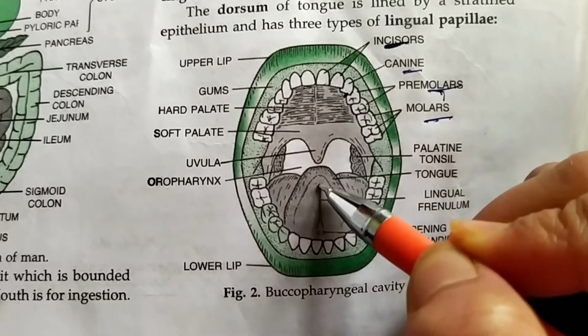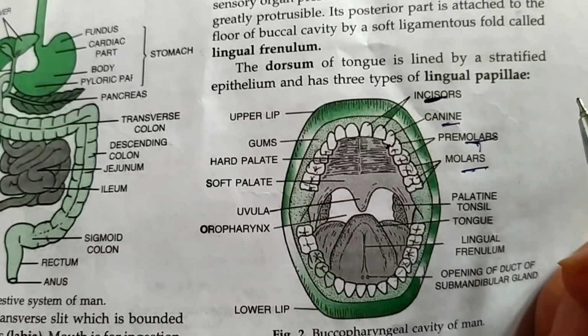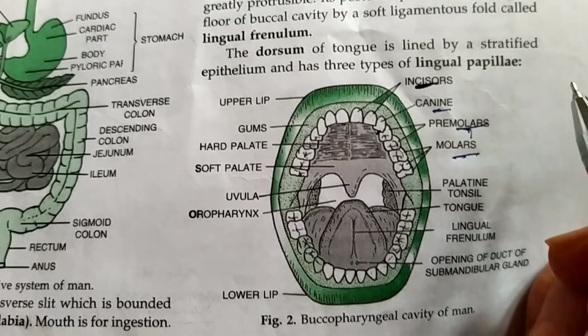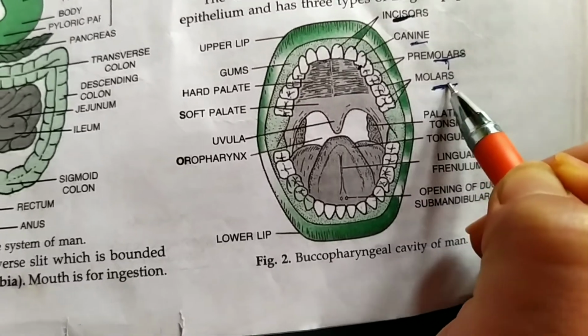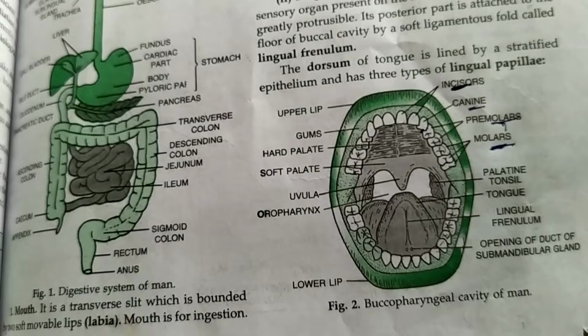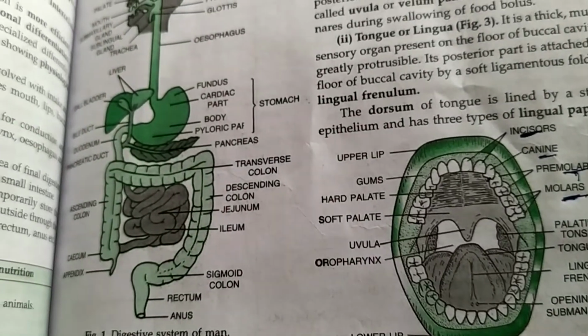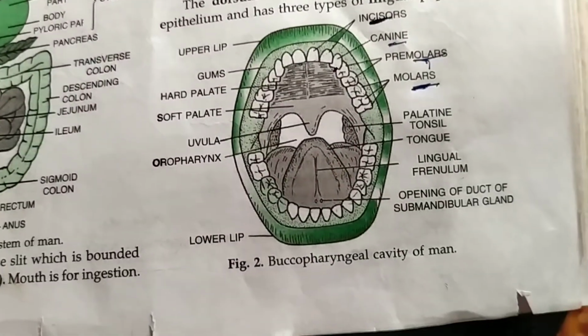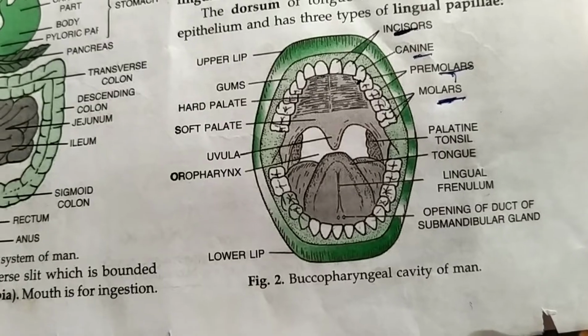And molars, in each half of the jaw there are three molars, 1, 2, 3. The premolars and molars are collectively known as the cheek teeth.